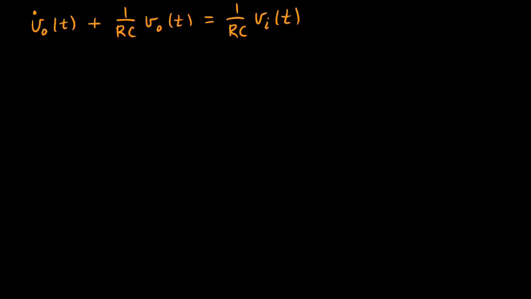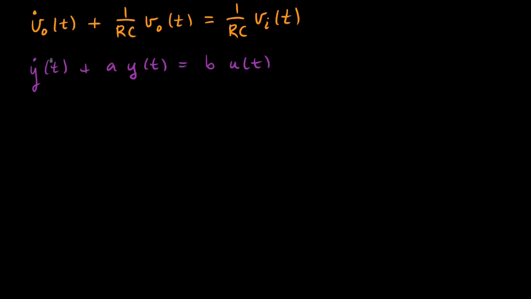Okay, let's compare this to the expression that we had earlier in our discussion, where we had y dot of t plus a y of t equals b u of t. So y of t is my output, and y dot of t is the derivative.